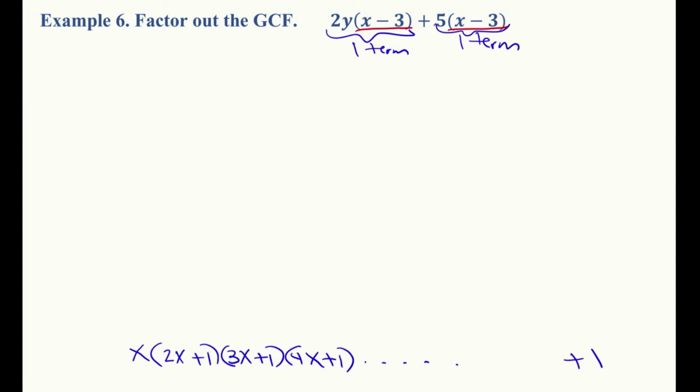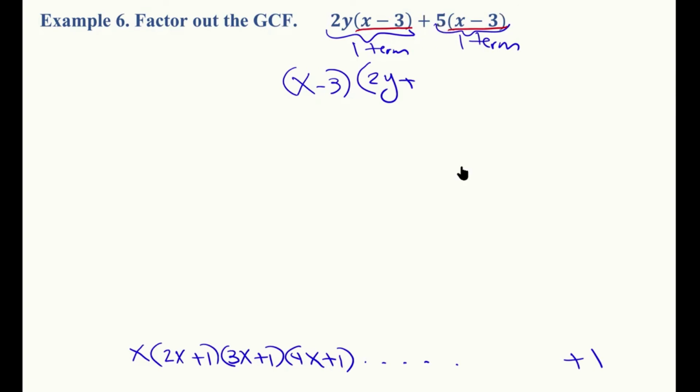So now we're going to factor out the x minus 3 and see what's left. When we do that, what do I need to multiply x minus 3 by to get this term? What's missing? 2y. Plus, and what do you have to multiply x minus 3 by to get this term?